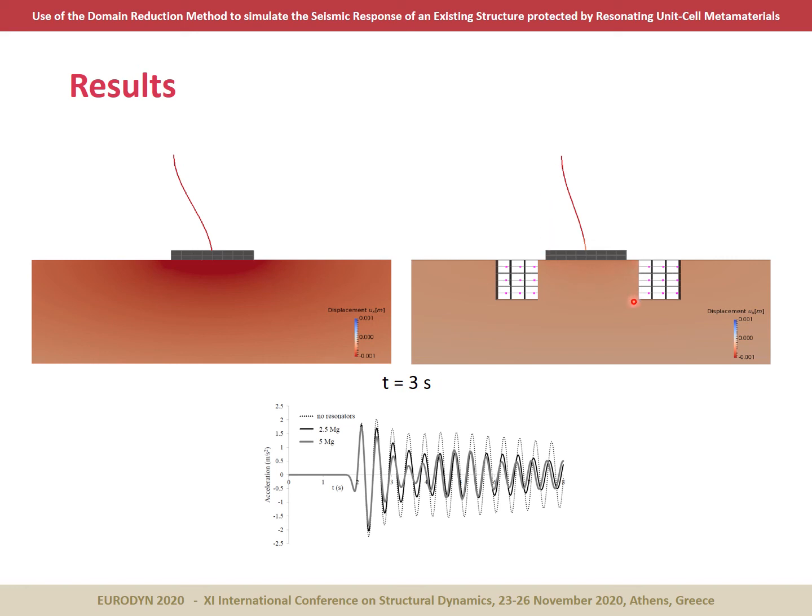Finally, one should notice here that the vibrating masses inside the unit cells are vibrating out of phase with respect to our single degree of freedom system, and this explains the protective mechanism of those resonant metamaterials.